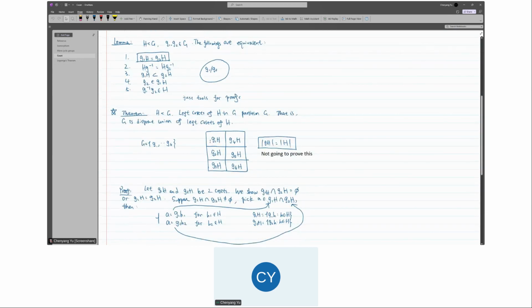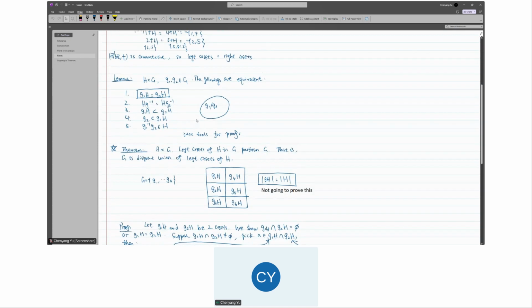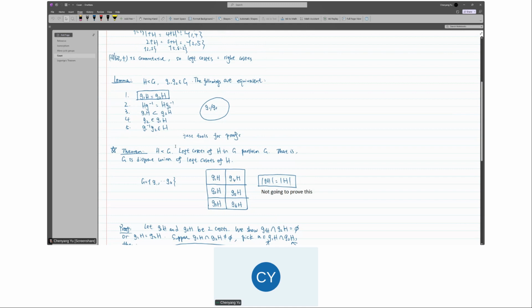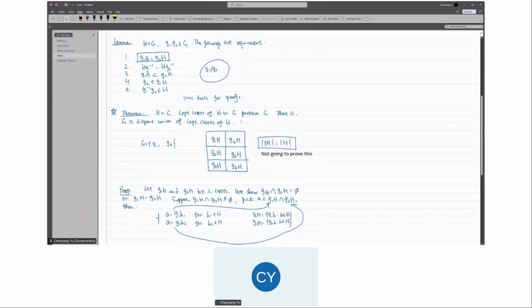An important theorem says if H is a subgroup of G, then the left cosets of H in G partition G. What it means is G will be a disjoint union of left cosets of H. That's pretty hard to understand, but we can visualize it.